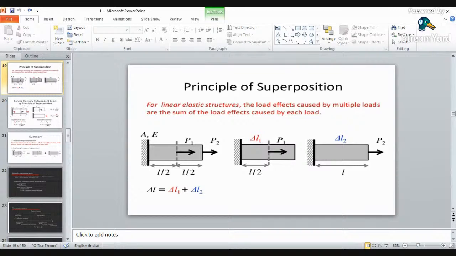We have two methods. One, you can solve all the deformation together and at the end get the final output. Else, by using the principle of superposition, you can split this cantilever member into two sections. The first section has a load P1 acting at a distance of L by 2. You will solve this one first.